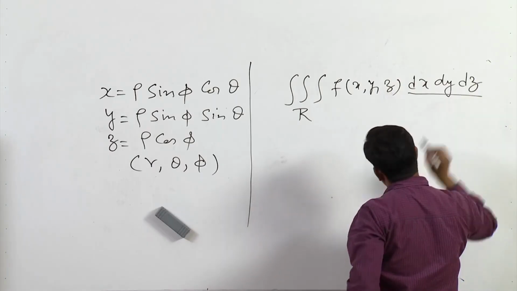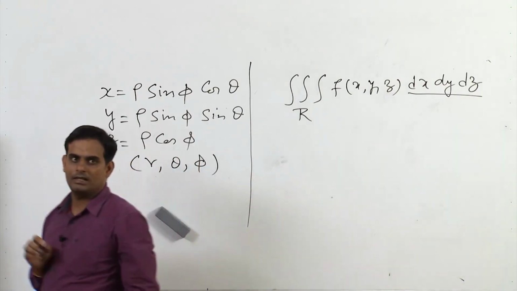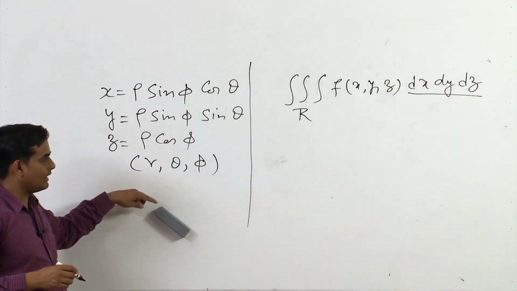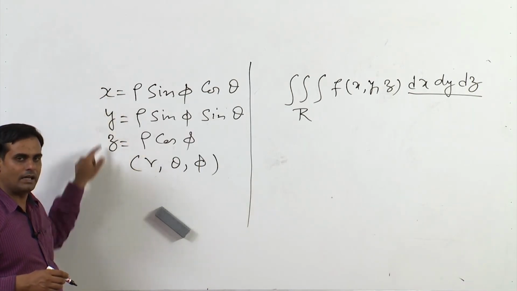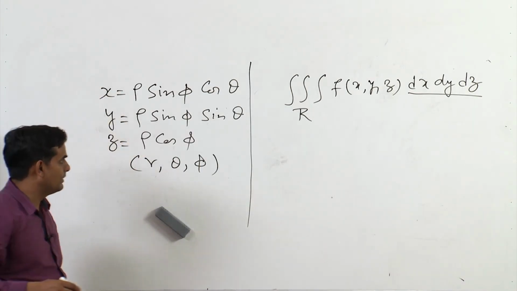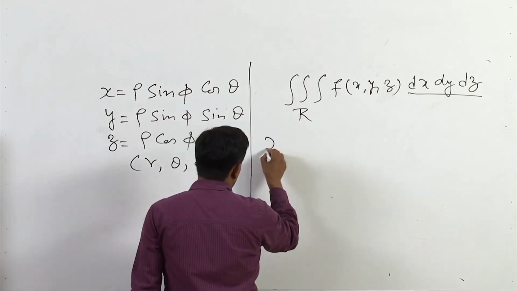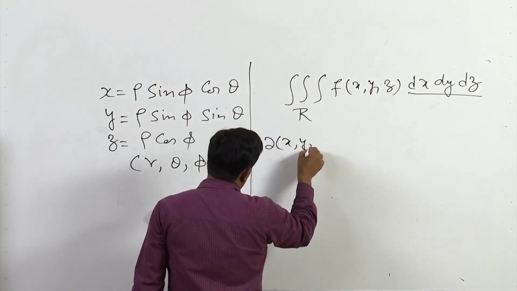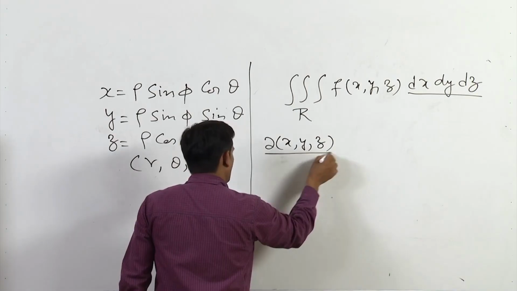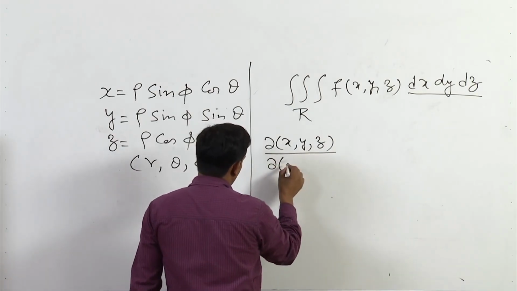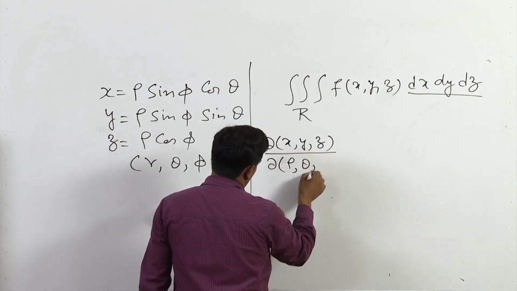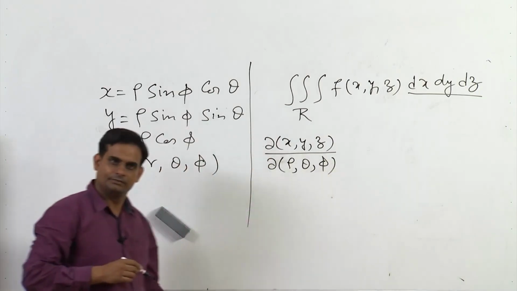What will dx dy dz become in spherical coordinates after applying these transformations? Here I need to calculate del x y z over del rho theta phi.